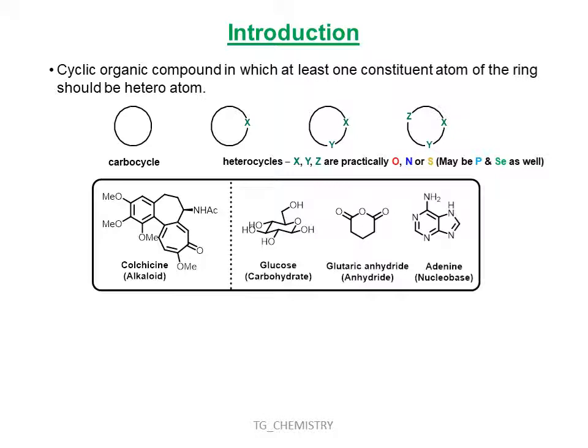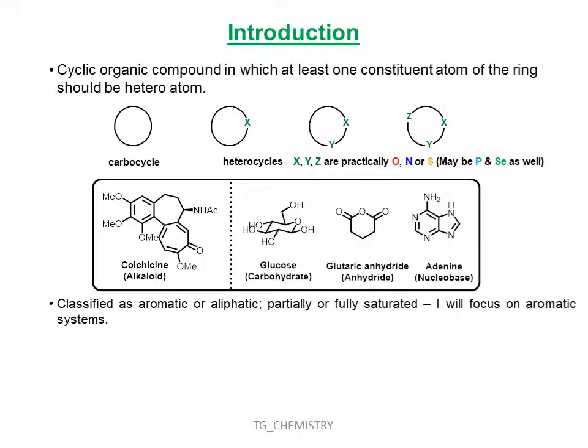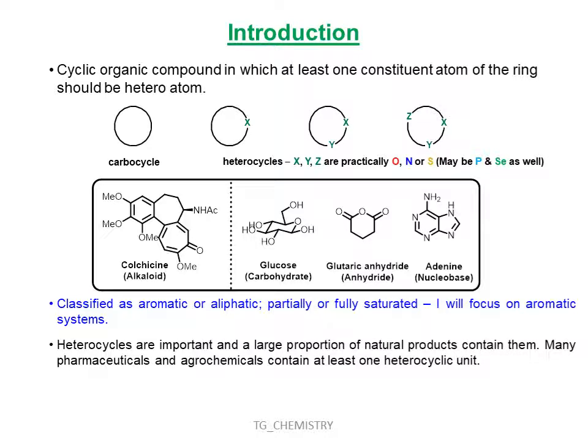Before I move on, I want to mention that heterocycles can be classified as aromatic or aliphatic, which can be partially or fully saturated. Here I will focus on aromatic systems only. These heterocycles are very important and a large proportion of natural products contain them.